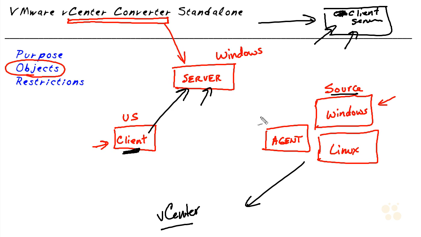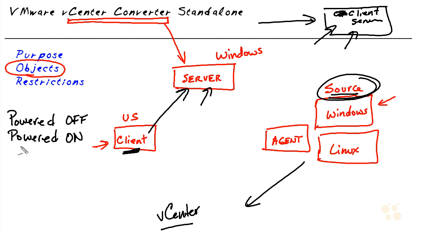And there's quite a bit of flexibility when working with vCenter Converter. If we have source computers, they don't all have to be powered on. Many can be powered off, especially if they're already sitting in some type of other virtualized environment, so they don't have to be powered on to begin with. And source devices also could be powered on. So in some cases, for example, let's say we have a Linux box, this one right here. The way that the server connects to that Linux box is going to be over SSH.